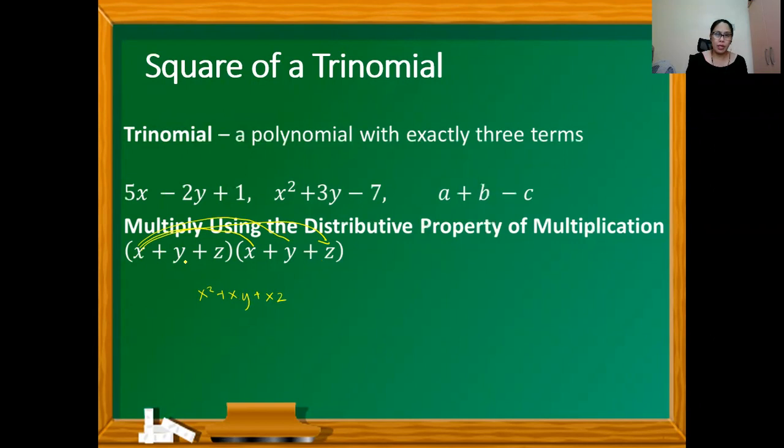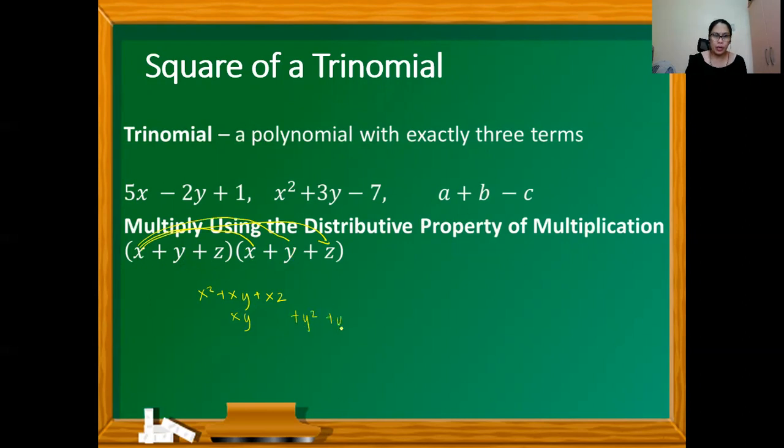And then we multiply the second term of the first factor to all the terms of the second factor. So we have y times x is xy, while y times y is y squared, and y times z will be yz.